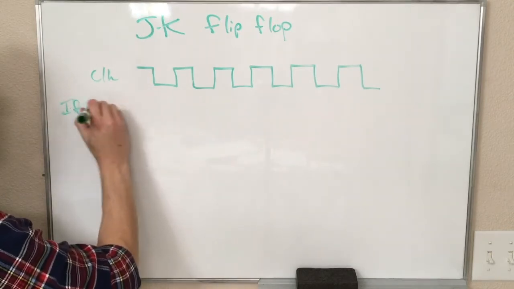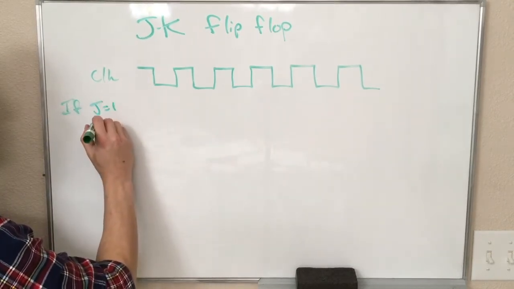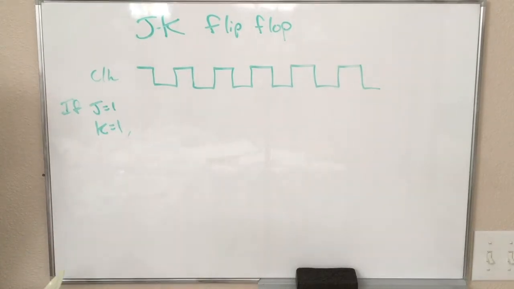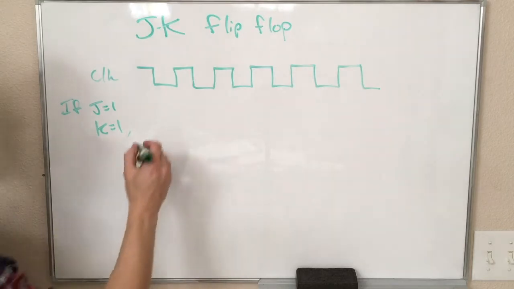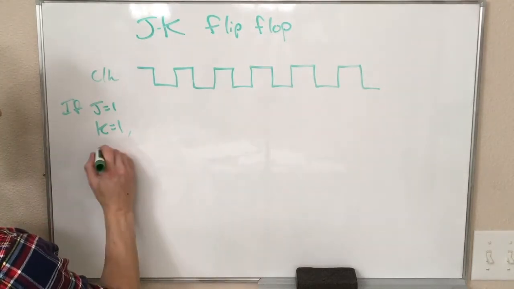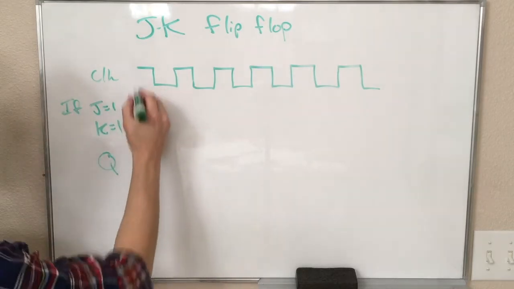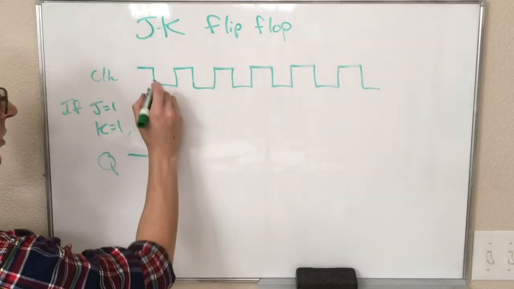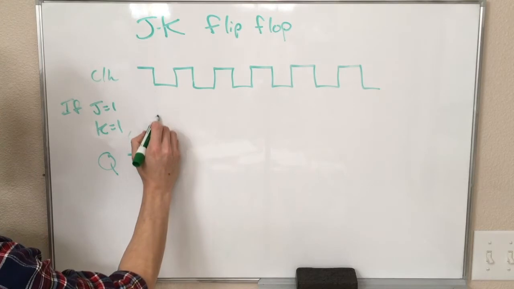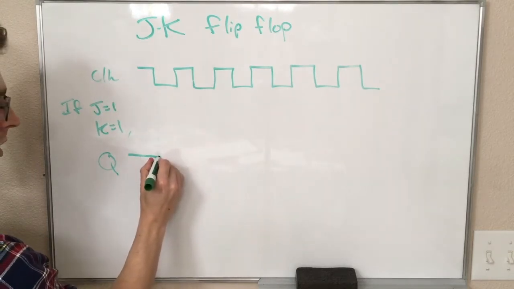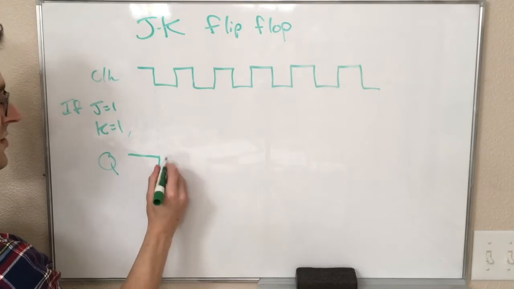So if J equals 1 and K equals 1, so if those are both on, the behavior we get looks like this. So this is Q we're graphing now, assuming these two are on the whole time. Wherever Q starts, when the clock falls, when its value goes from on to off, Q switches its state.